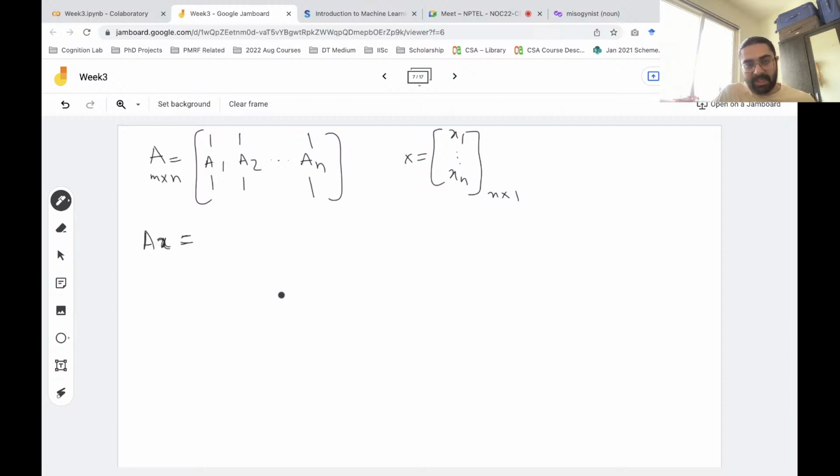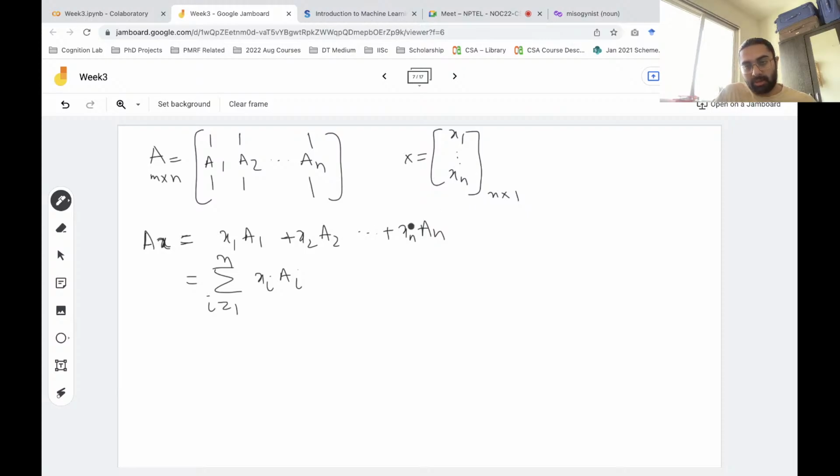One of the ways that helps you understand this whole process is that you're taking a linear combination of the columns of A, and the weight of each column is defined by this X. So I can write this as x1 times A1 plus x2 times A2 plus xn times An, that is sigma i equal to 1 to n xi Ai, right?